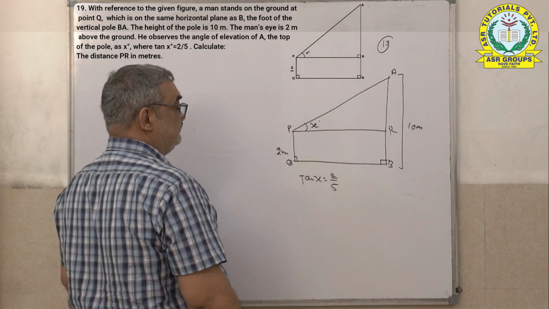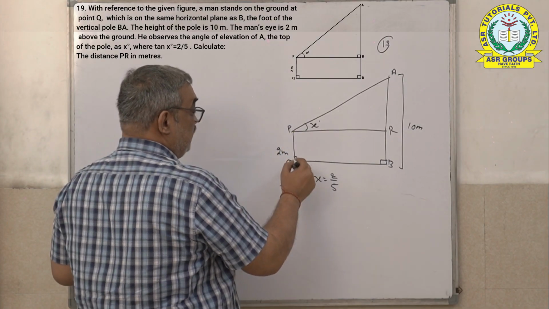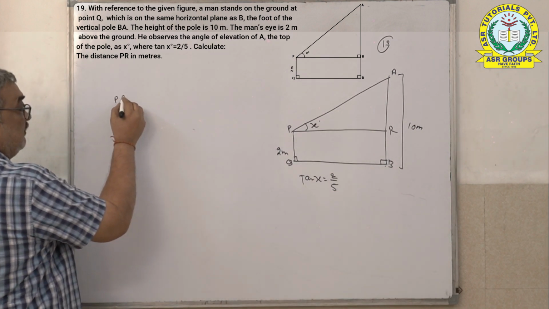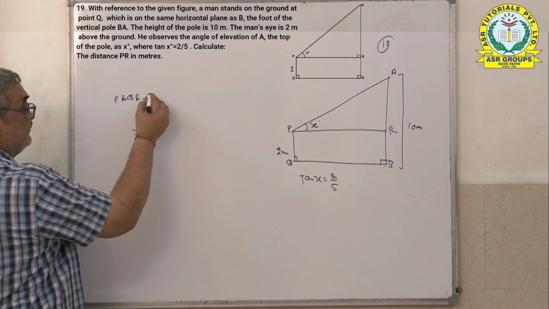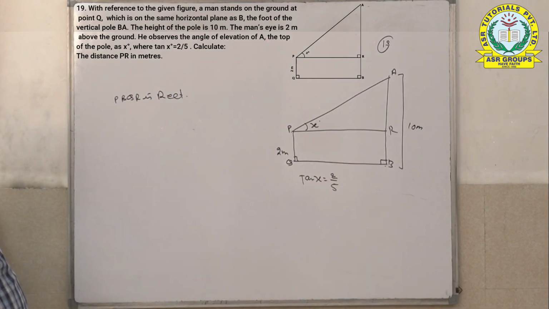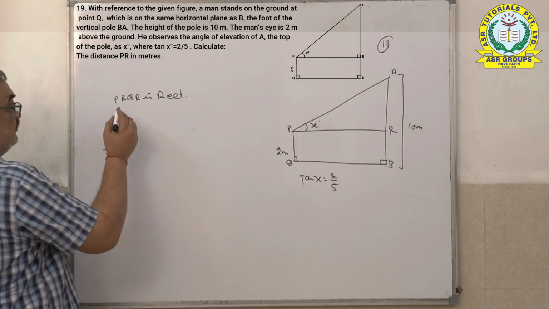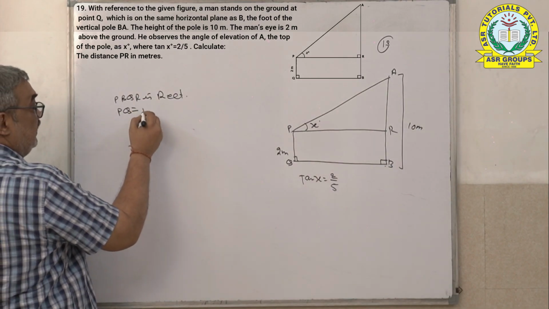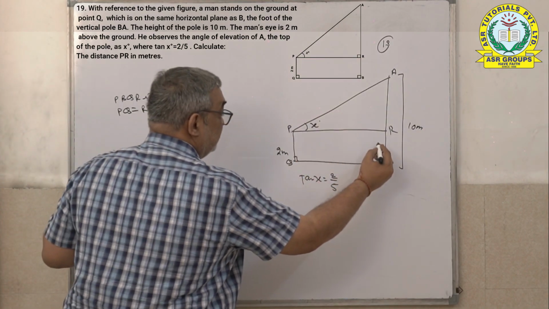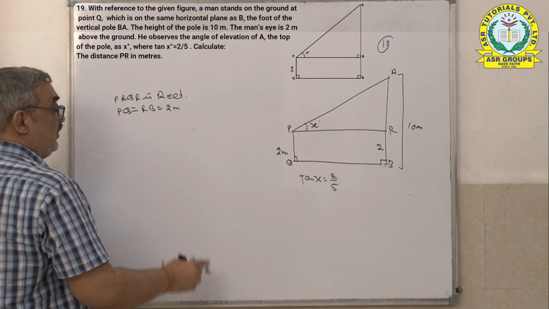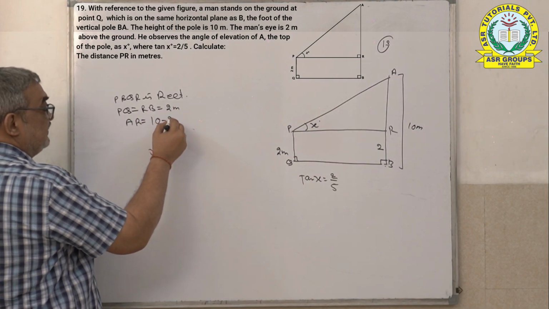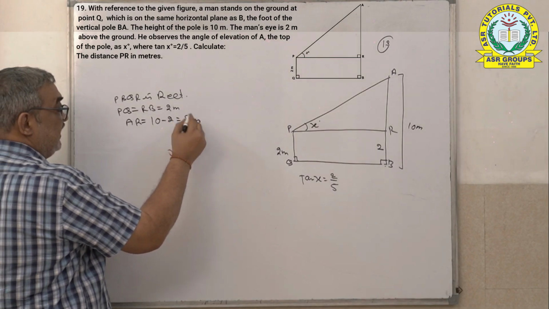Simplest sum. PQBR is a rectangle. So PQ equal to RB is 2 meter. So AR is how much? 10 minus 2, that is 8 meter.